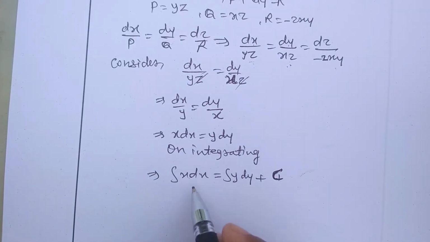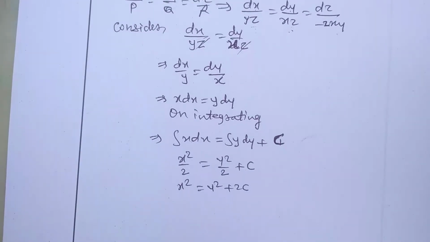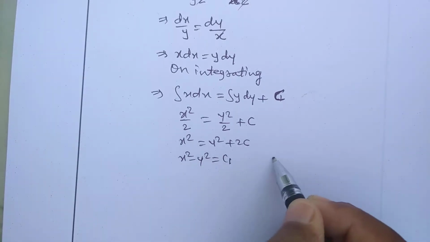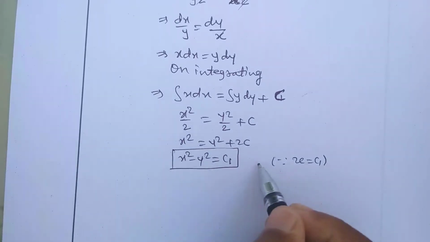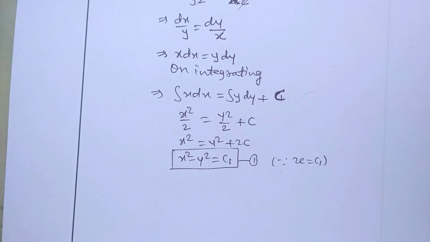Now integration of x is x square by 2 equals integration of y is y square by 2 plus c. So this can be written as x square equals y square plus 2c after multiplying by 2, or x square minus y square equals c1, since we take 2c equals c1. So this is our first solution, x square minus y square equals c1.